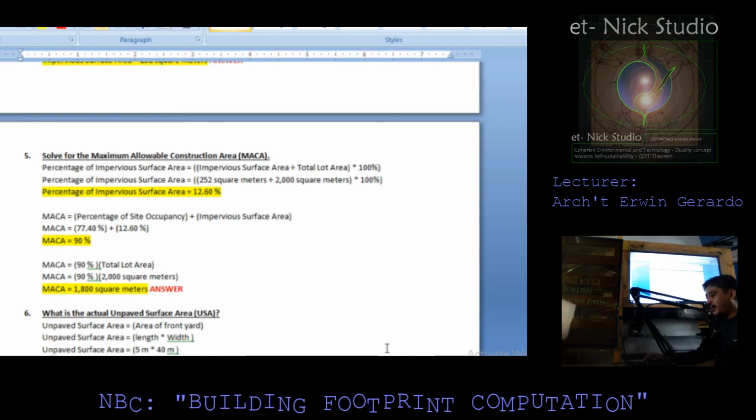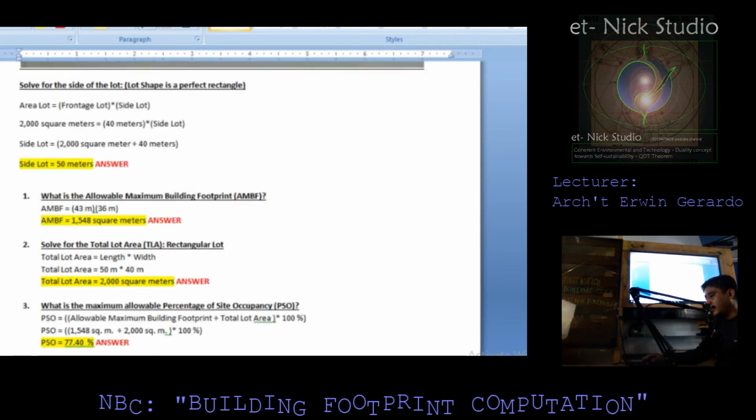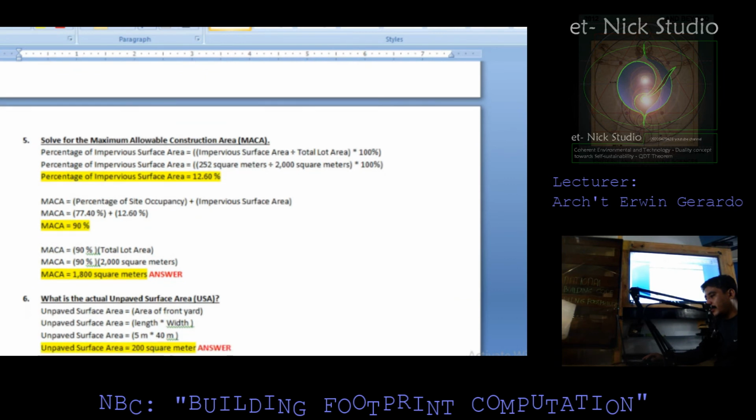So therefore, the unpaved surface area is 200 square meters. So let us take a look at the frontage of the lot, which is actually 40 meters, having a width of 5 meters. So therefore, 5 times 40 is 200 square meter. So this is how we were able to obtain this answer.